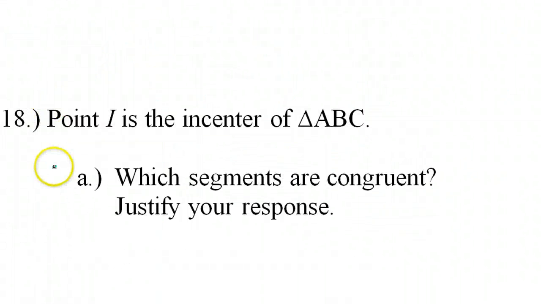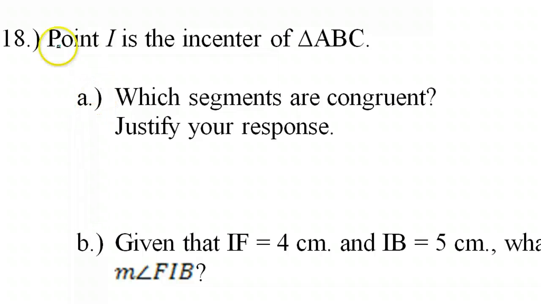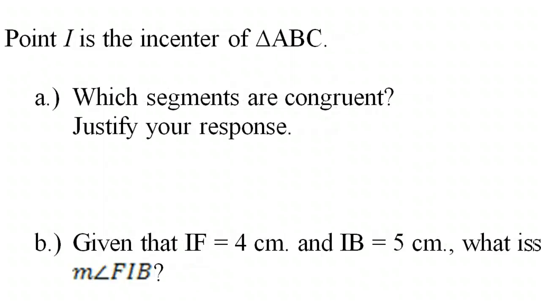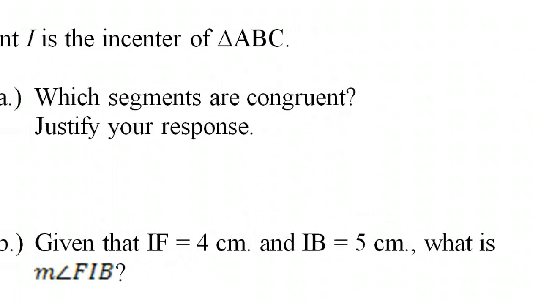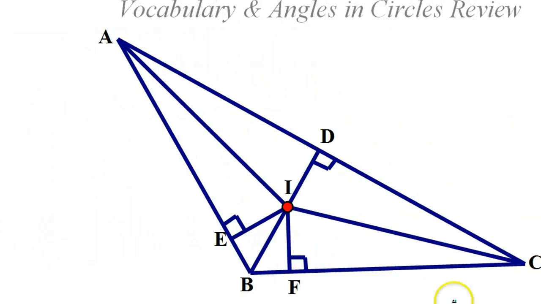Okay, where's number 18? Point I is the incenter of triangle ABC. Incenter. Remember, the incenter is equidistant from the sides, by the way. So, which segments are congruent? Justify your response. Okay, so point I is the incenter.